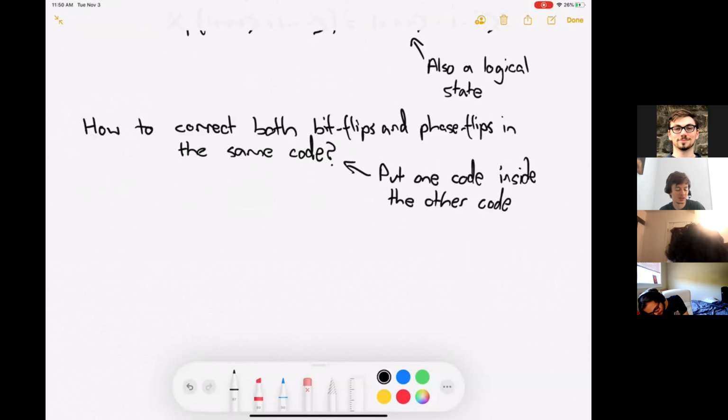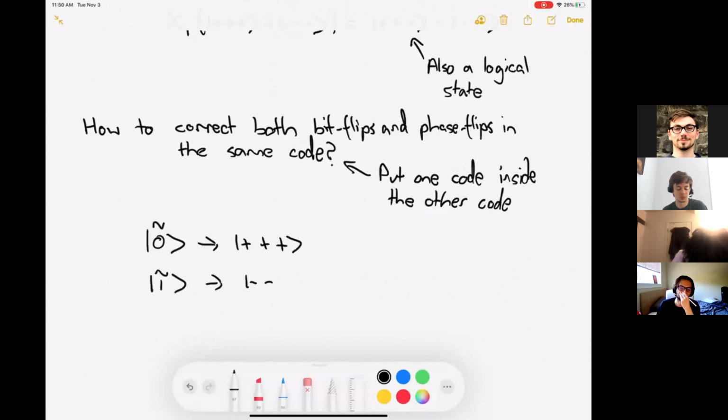So in the phase flip code, we encode 0 as plus, plus, plus, and we encode 1 as minus, minus, minus. But now each of those pluses is going to be encoded in turn. I'm going to call these double tildes, like the real logical state.